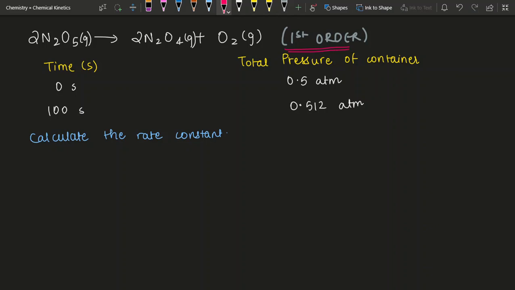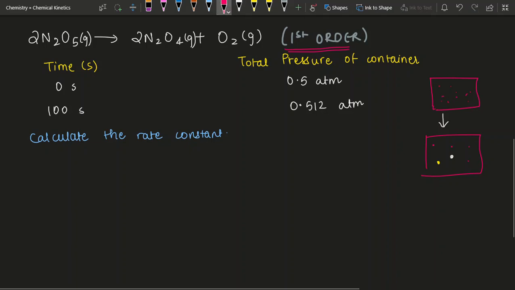And at the time when the reaction has just started, initially the pressure of the container, let's suppose this was the container in which all the gases were kept, and initially there was just N2O5, and after some time there is still some N2O5, but other molecules of N2O4 and oxygen are also getting formed. So there is some change in the pressure due to that, and we have to calculate the rate constant for this reaction.